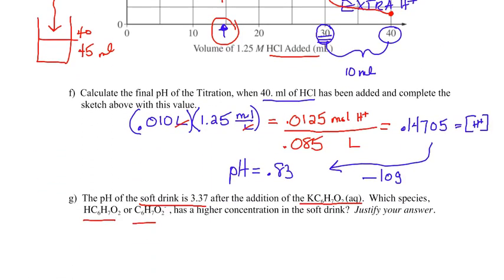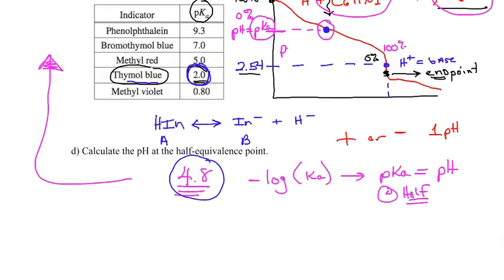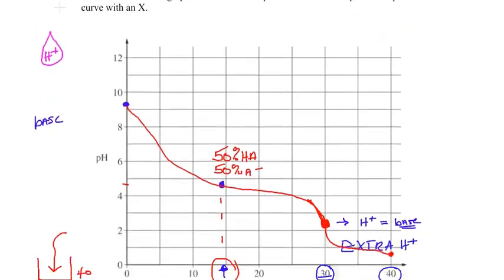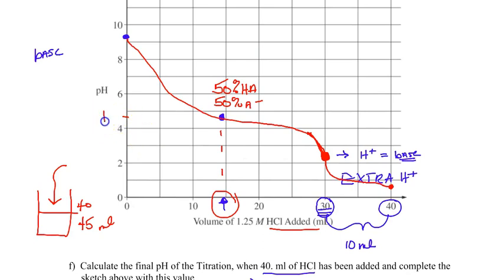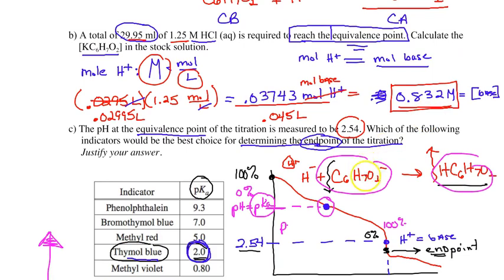Okay, now at 4.47, or I should say we calculate this to be 4.8, I should say. So at 4.8, that pH is when they're equal. Well, if I keep dropping acid, then I'm going to keep converting my base in the beaker into more conjugate acid.